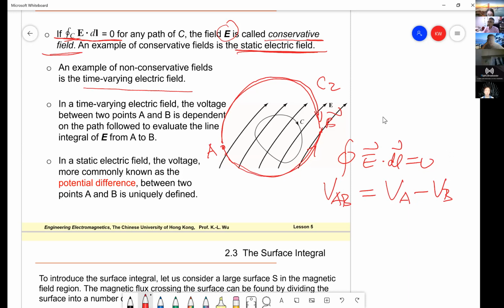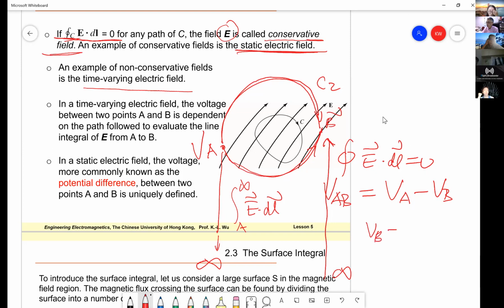That is, I take the line integration from point A to infinity, then go another path from infinity to B. So VB is the integration from B to infinity of the E field, and because I go from infinity back to B, I put a minus sign. That clearly defines what potential is.